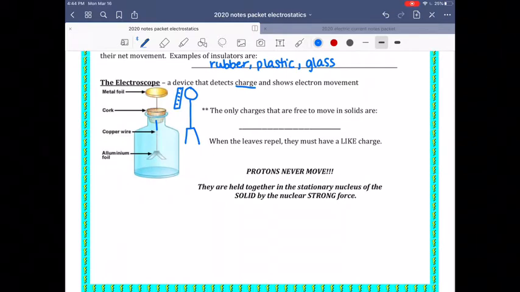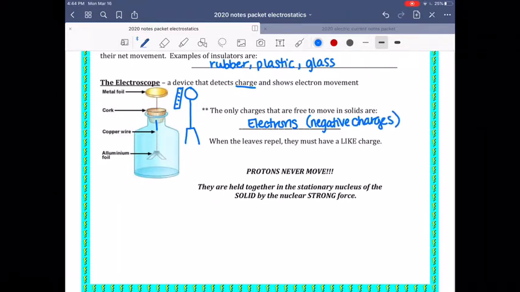So when we look at the electroscope, the only charges that are free to move in solids are electrons. So anytime we look at charged bodies, we're thinking about the movement of electrons, or the negative charges. One thing we're going to keep in mind is that protons never move.